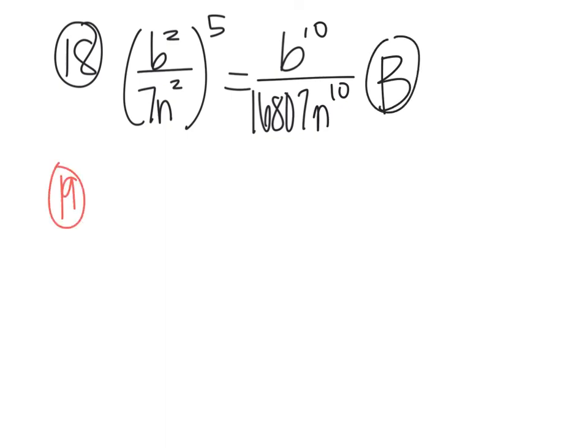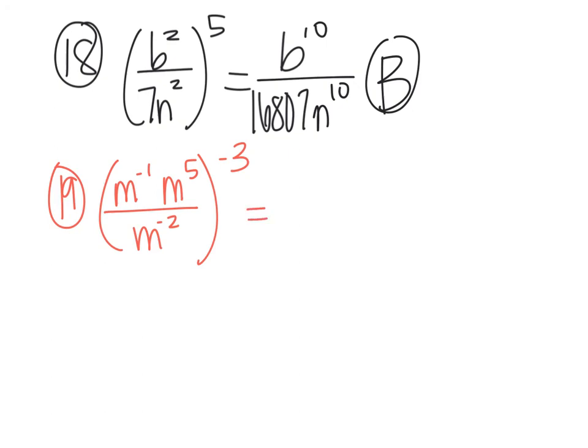19. We've got m to the -1, m to the 5th, over m to the -2, all to the -3. So I'm just going to go ahead and simplify in here. I'm going to add these, and I get m to the 4th over m to the negative 2, all to the negative 3.